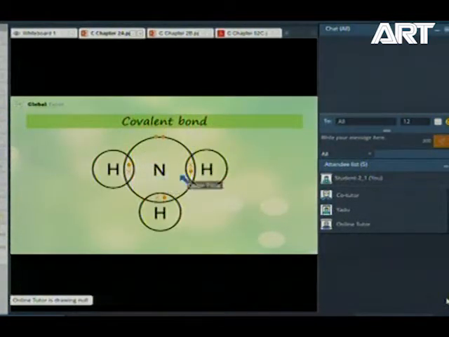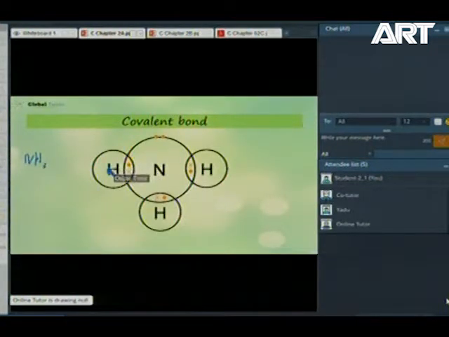this is ammonia, which can be represented in this form, NH3, and you can see that this nitrogen atom has 1, 2, 3, 4, 5 electrons on the outermost shell, while all of these hydrogen atoms only have 1. So, to gain a stable electronic configuration, what they can do is share these electrons.